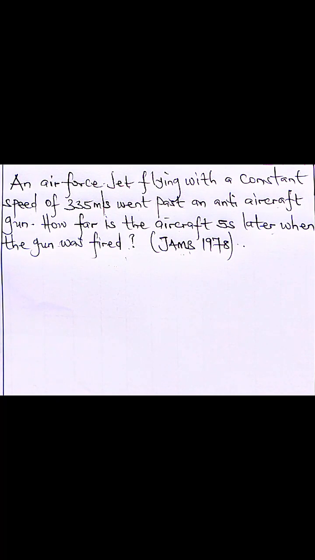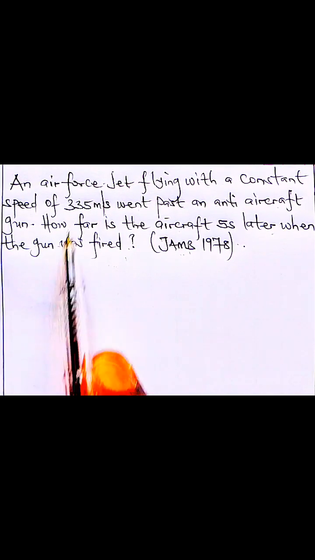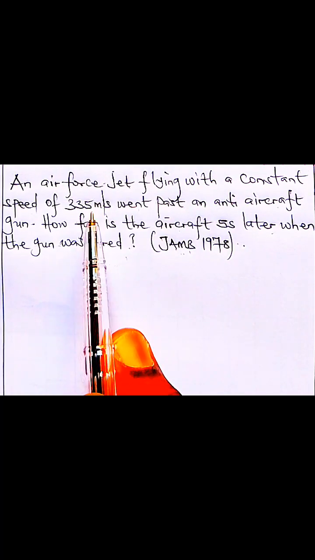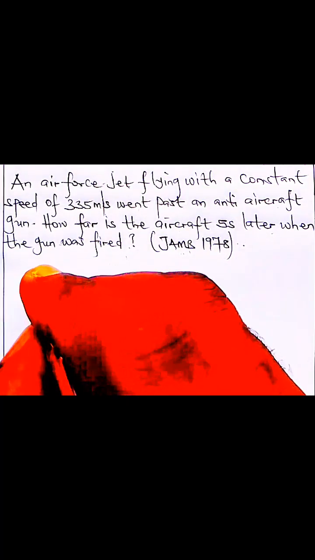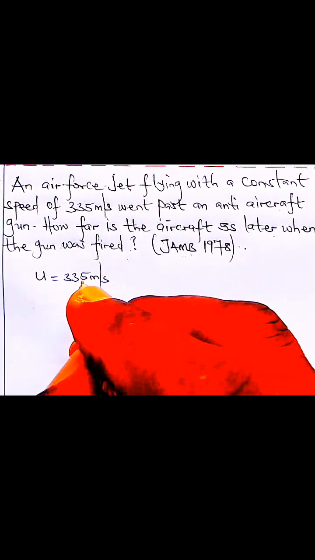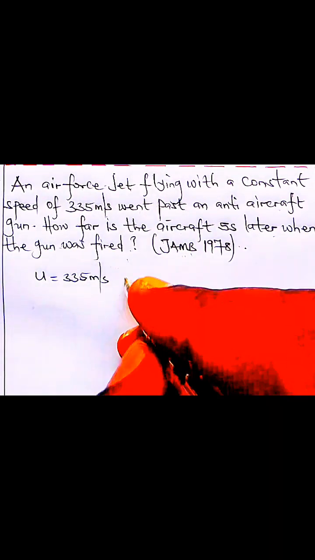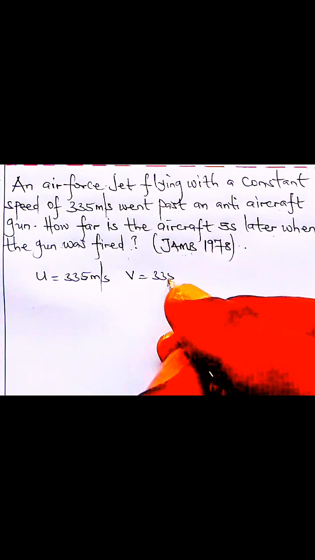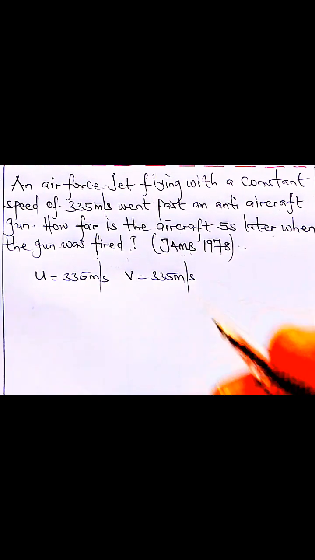It means there is a sustenance or maintenance of the same speed over a given period of time. So if this is a constant speed, the initial speed is 335 meters per second, and the final speed is 335 meters per second.